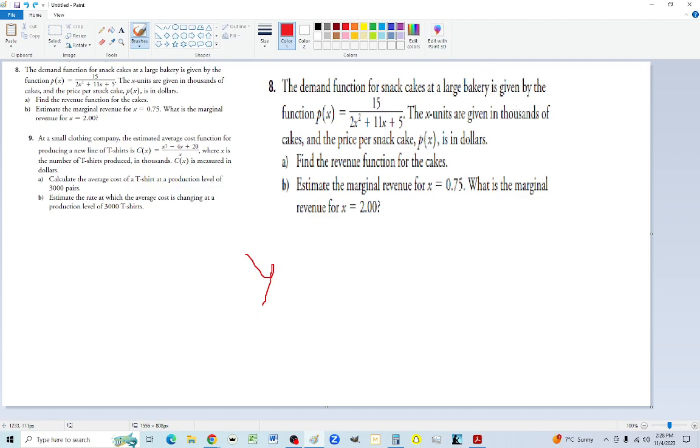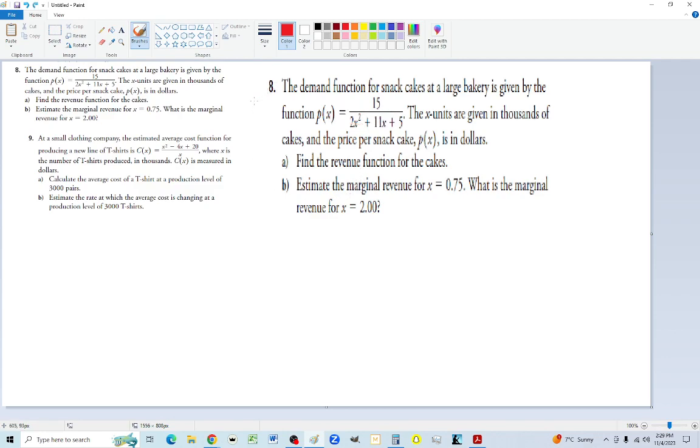The X units are given in thousands of cupcakes, and the price per cupcake is P of X. So that's the price for each cake. So the price clearly goes down as the cakes go up. Find the revenue function of the cake.